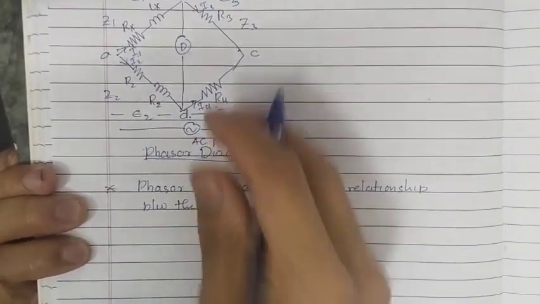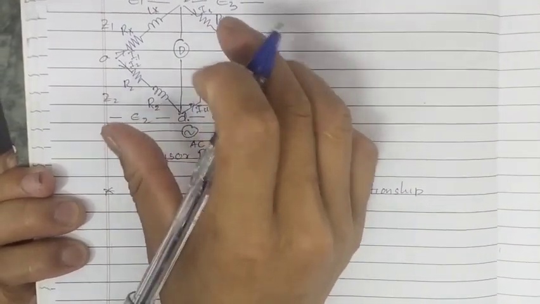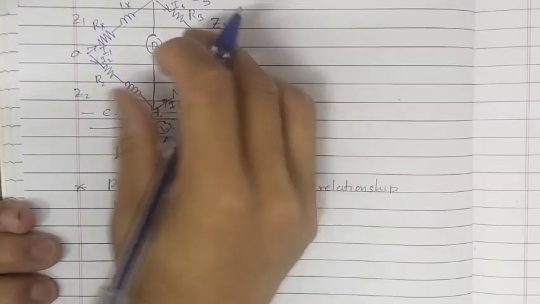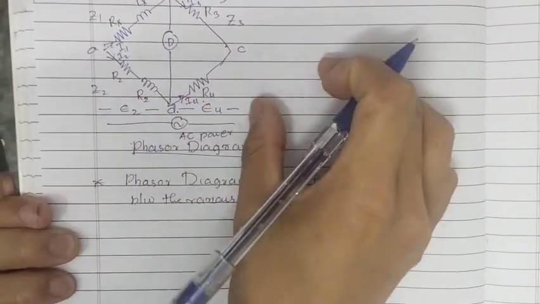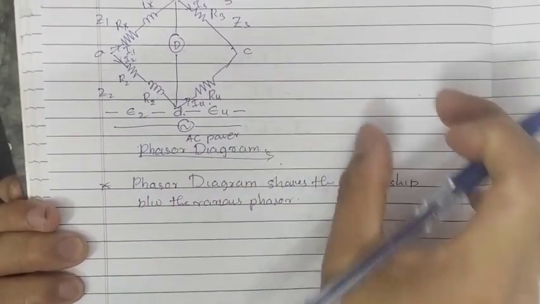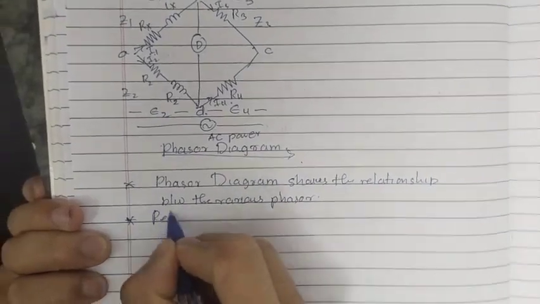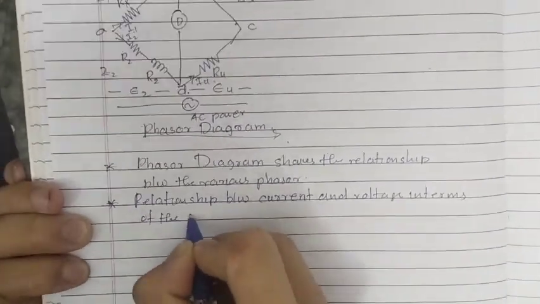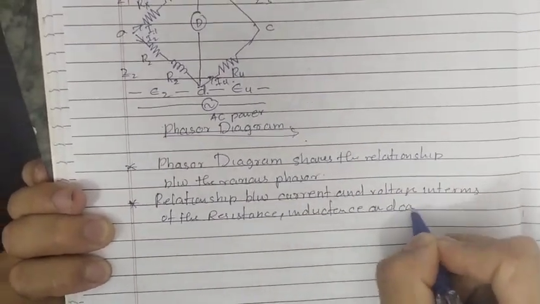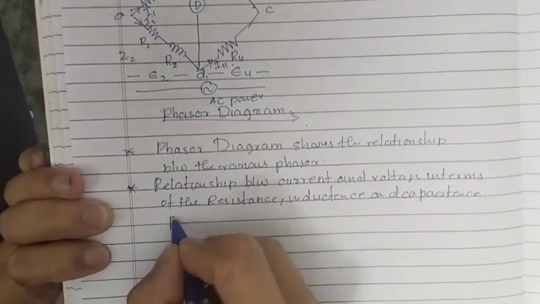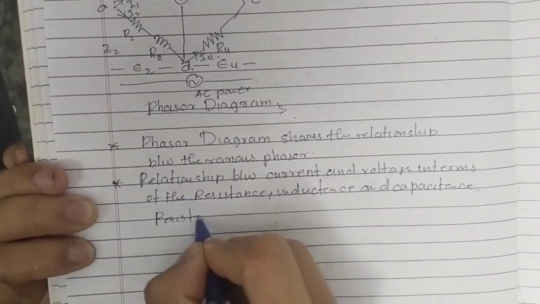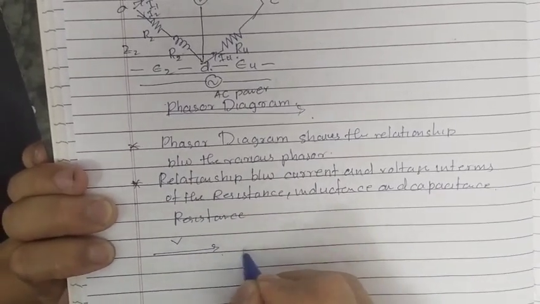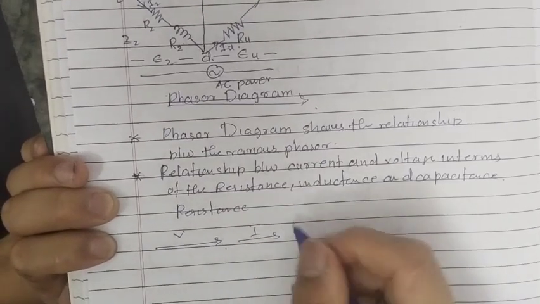In order to draw a phasor diagram, first we have to know the relationship between the voltage and the current in terms of resistance, inductance and capacitance. For the resistance, the voltage and the current are in phase with each other.